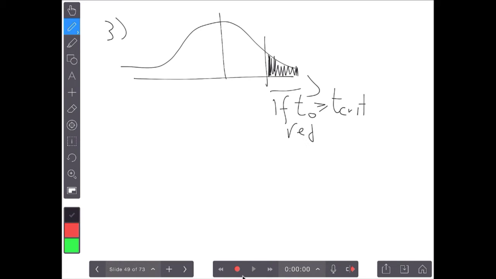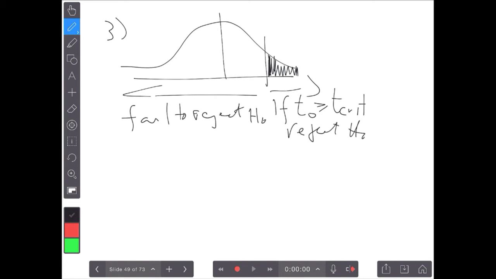Reject H0. Otherwise, we fail to reject the null hypothesis. All right? If the observed T value is less than the critical value, then we would fail to reject H0.